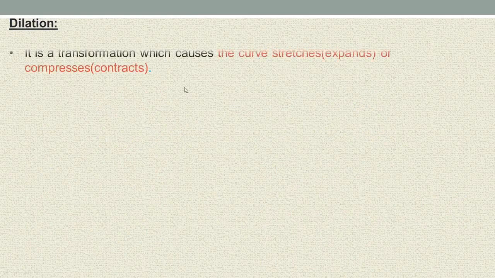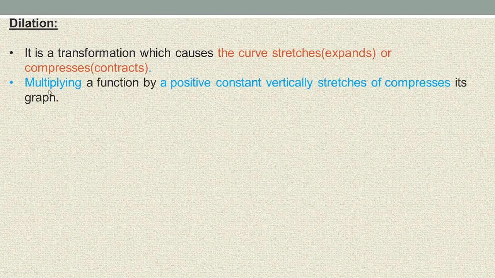So let us see what dilation is. It is a transformation which causes the curve to stretch or compress. Dilation will cause the curve to stretch or expand. Another word for stretch is expand, and for compress it is contract, compressing the curve. You can stretch or compress in dilation. So let us see how to do this.